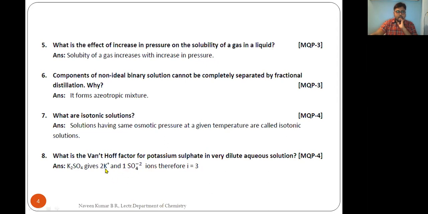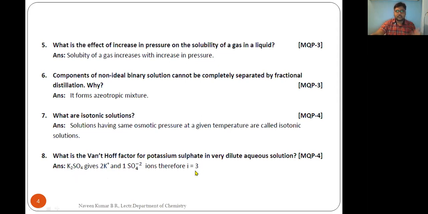Before adding to the solvent, it is 1 mole of K2SO4. After addition, it gives 2 moles of potassium and 1 mole of sulfate, hence 2 plus 1, 3. So after dissociation it is 3, divided by before dissociation, it is 1. Hence i is equal to 3 by 1. So i is equal to 3.